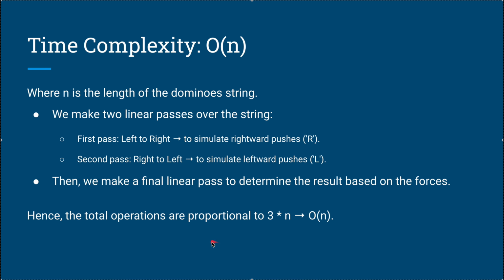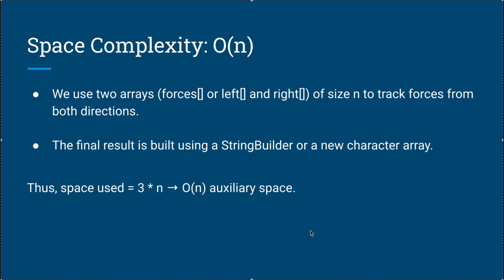So in total we make three linear operations on the given string, so the time complexity is O of n. The space complexity is also O of n, because we are using two arrays, left and right, to track the forces at I.